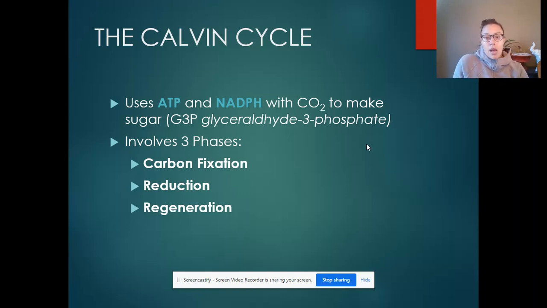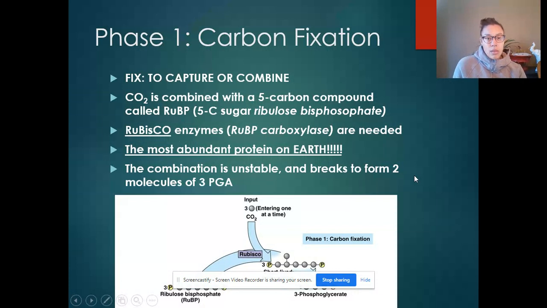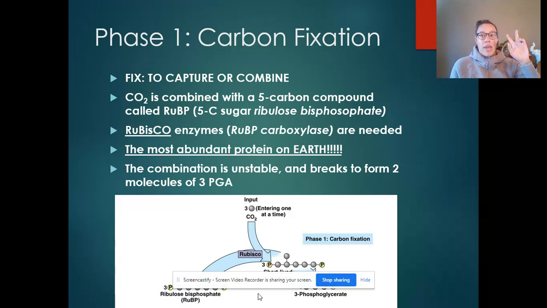All right, step 1, carbon fixation. And you don't have to memorize the steps, but we should be able to address ATP, NADPH, and carbon dioxide and how those are utilized to make sugar.